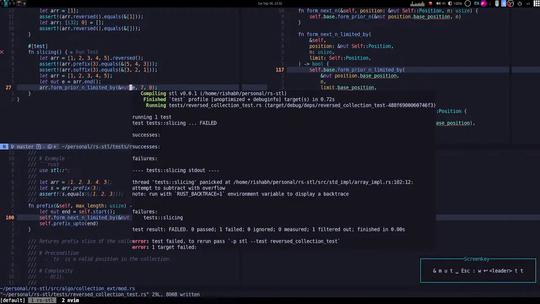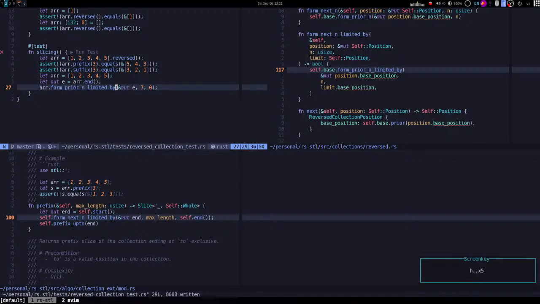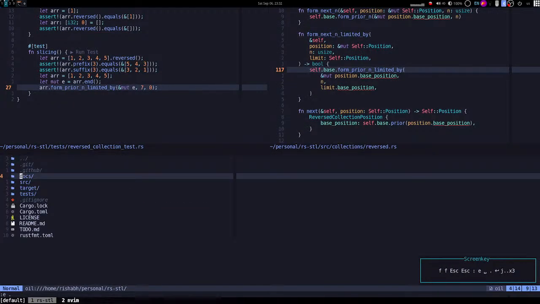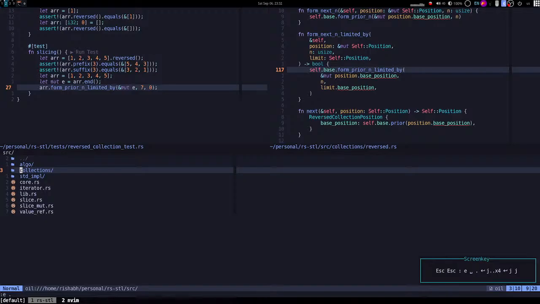Let's try this one. Okay, and it says subtracting. Okay, so the problem is in the array implementation. That is so bad. The array implementation has a problem, and we are discovering it at this point of time. Whoa! How will I do this? Wow.